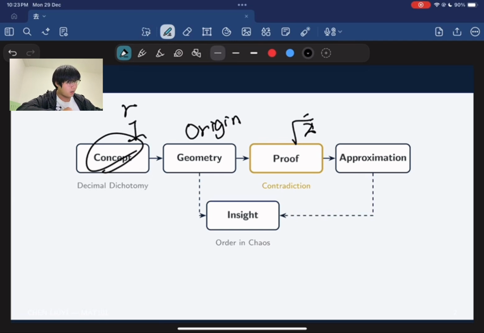Fourth, approximation. We will see how we calculate these numbers if they go on forever. Fifth, the last, the insight. I will share an advanced perspective on the hidden order in chaos.